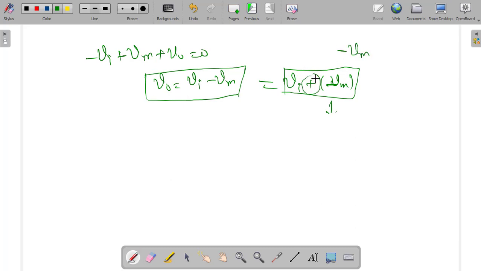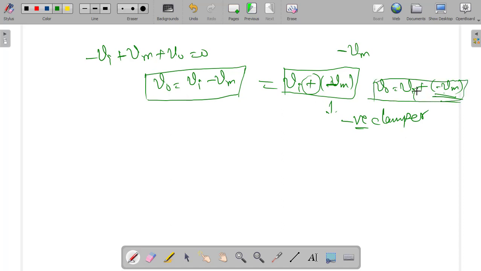So output is given by Vi plus or minus Vm. Nothing but it is adding negative potential. Hence this clamper is called negative clamper because it is adding negative DC to the input in order to get the output.